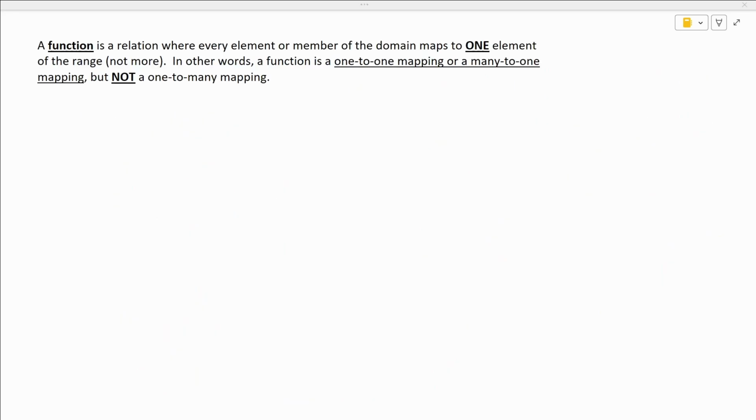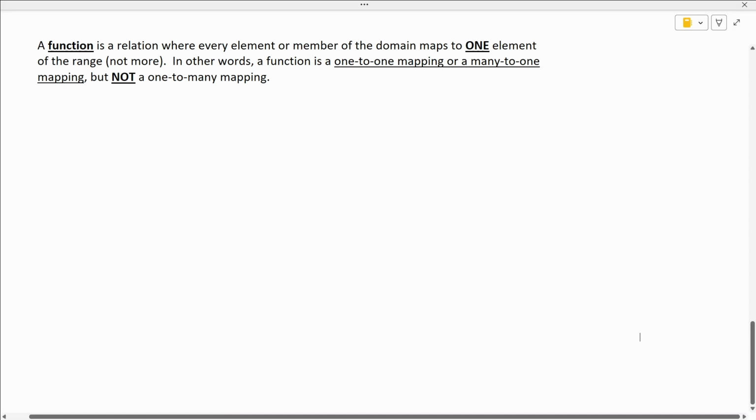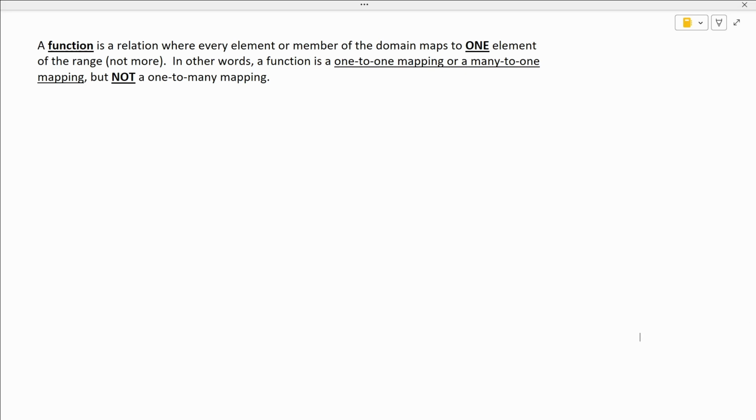In words, we say that a function is a relation where every element or member of the domain, every single one, maps to one element of the range, but not more.